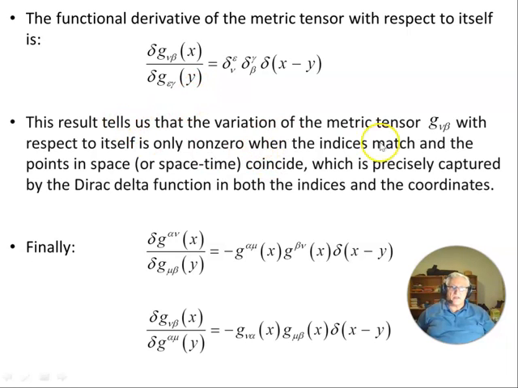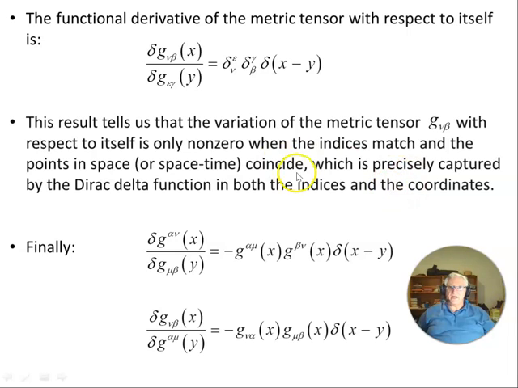So this result tells us that the variation of the metric tensor G nu beta with respect to itself is only non-zero when the indices match and the points in space or space-time coincide, which is precisely captured by the Dirac delta function in both the indices and the coordinates. Indices in the Kronecker delta, and the Dirac delta enforces the same location.